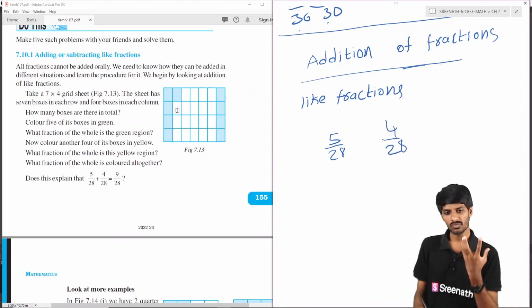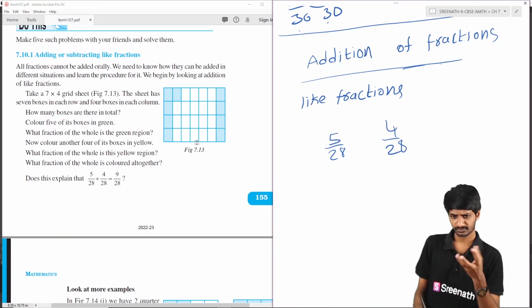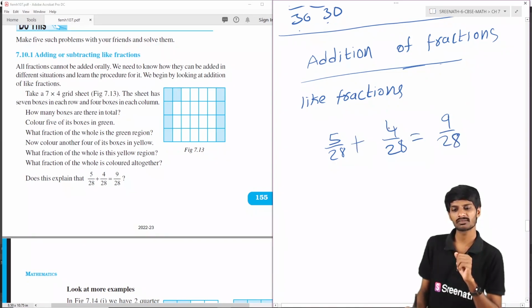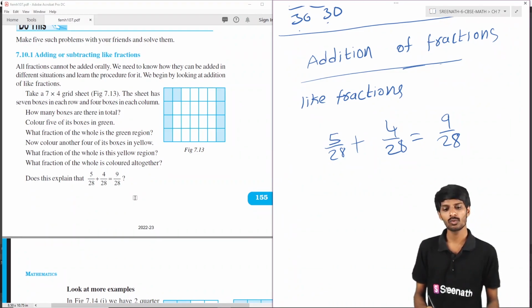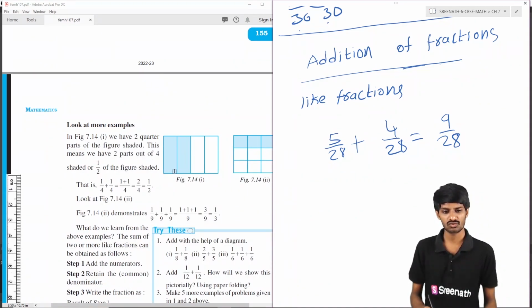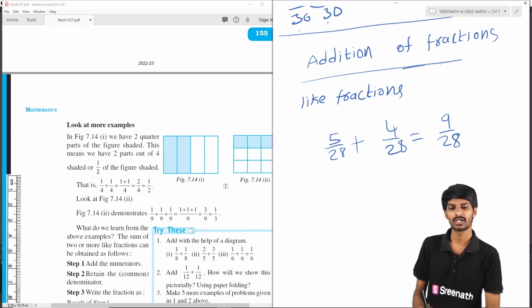So totally, how much is shaded? Here 5, here 4, that is 9 by 28. If you put a plus symbol here, you get 5 plus 4 equals 9 by 28. In the same way, look at this example also. Here 1 is shaded, here 1 is shaded.